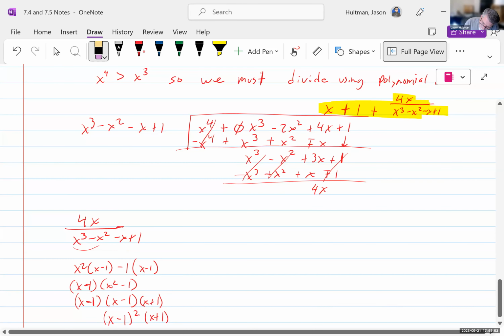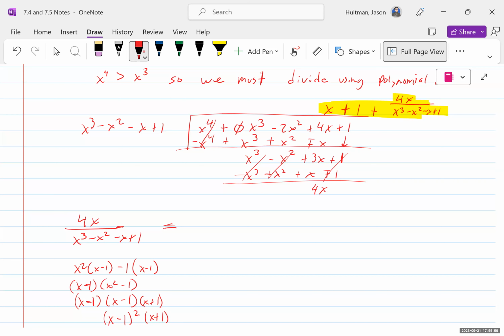Professor? Yeah? I have a question. I have the groups of x cubed with x squared, and then I go to x squared minus 1. So the thing I have is x minus 1 and x minus 1. Yeah, because I factored this guy into here and here.